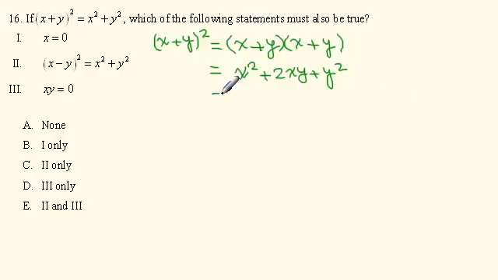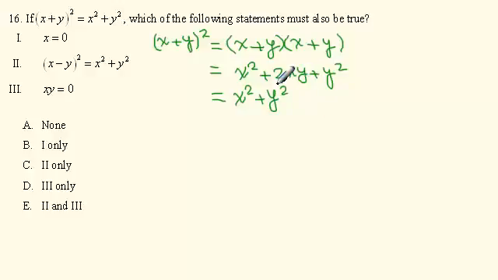And the given condition says that (x plus y) quantity square is given as x square plus y square only.